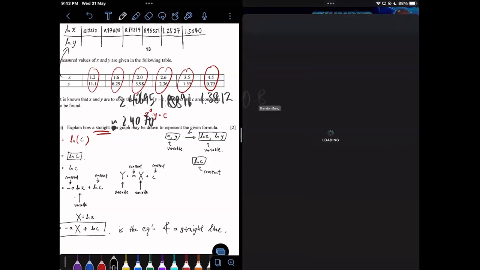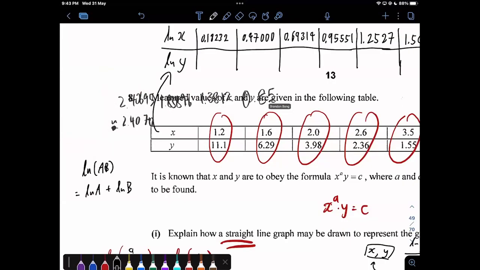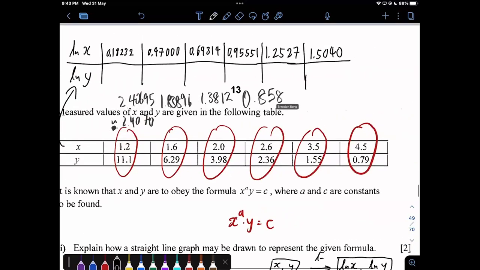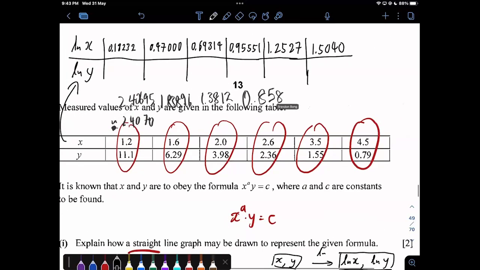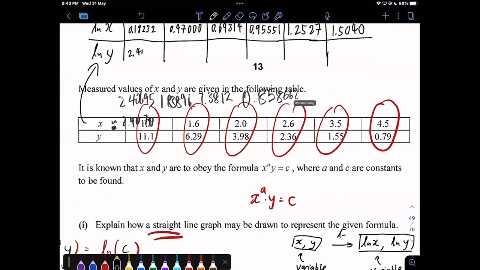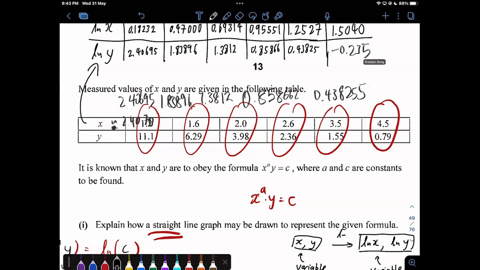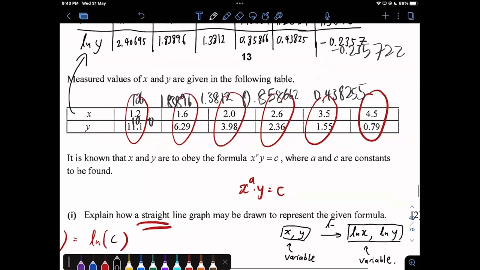I cannot see. Hold on, don't erase yet. I'm going to copy this down. Good enough.